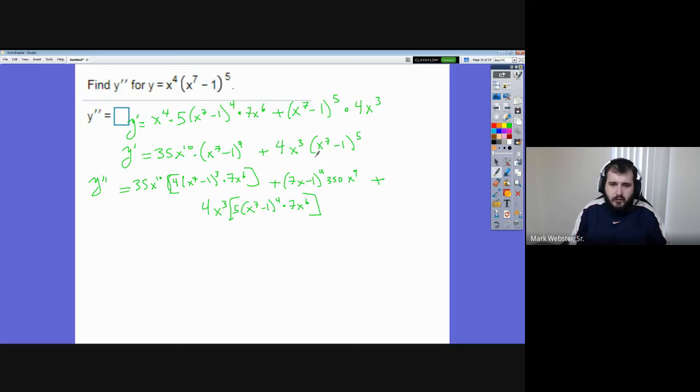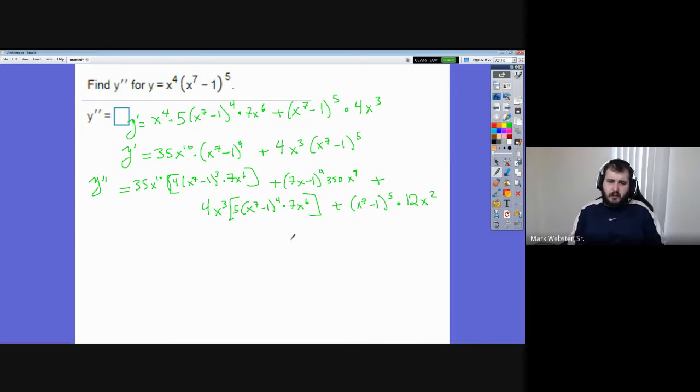So here's the derivative of that whole thing, plus right d left. Once again, times 4x cubed derivative, so 12x squared.